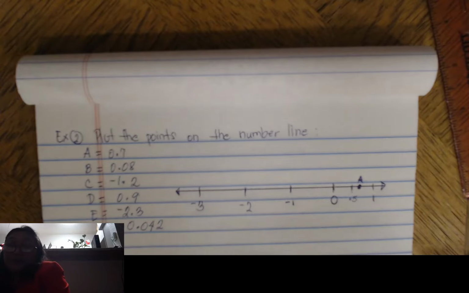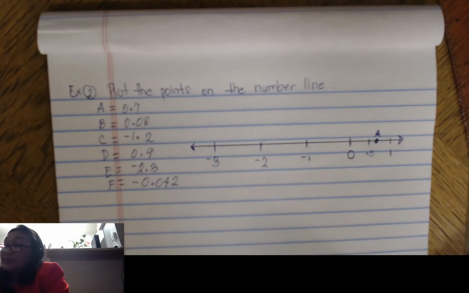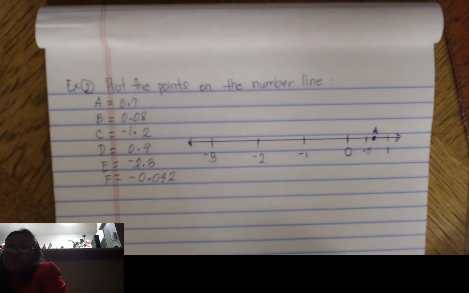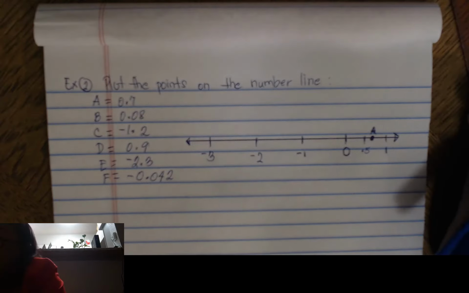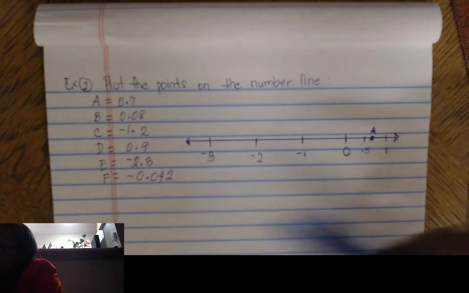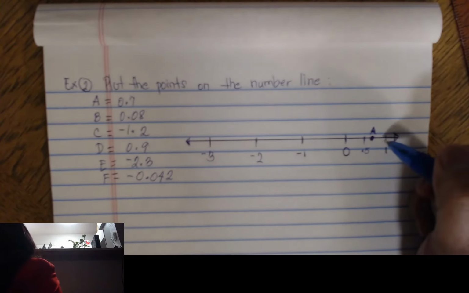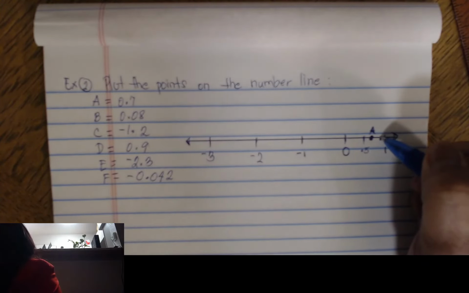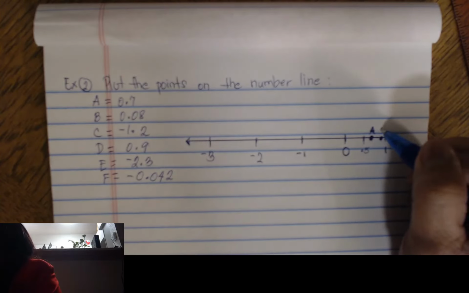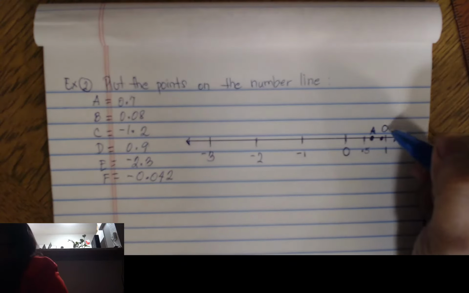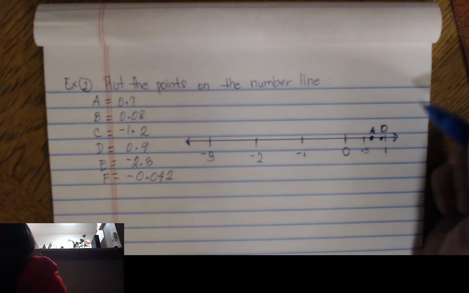You have to make your educated approximation. Do not just simply approximate, but educated one. And then 0.9 is just almost a 1. So, well, I can say that it should be right here. So that would be my D. Point D is right here.